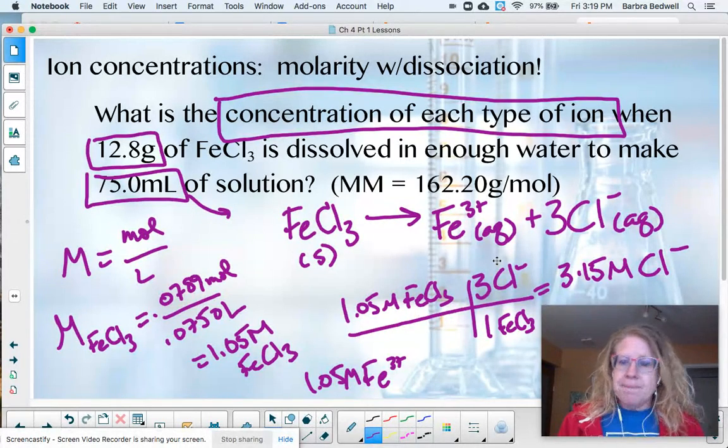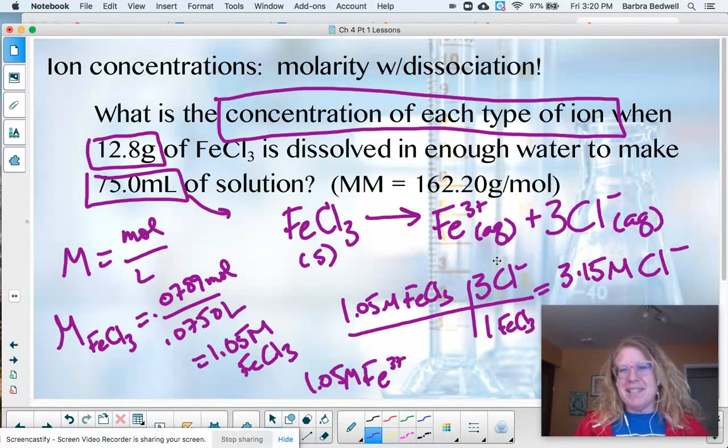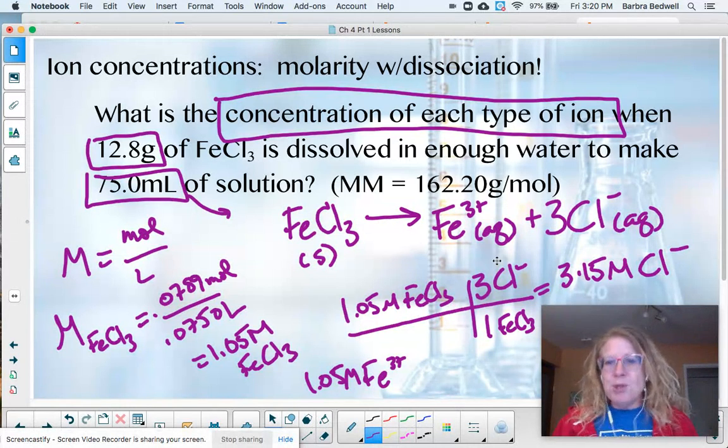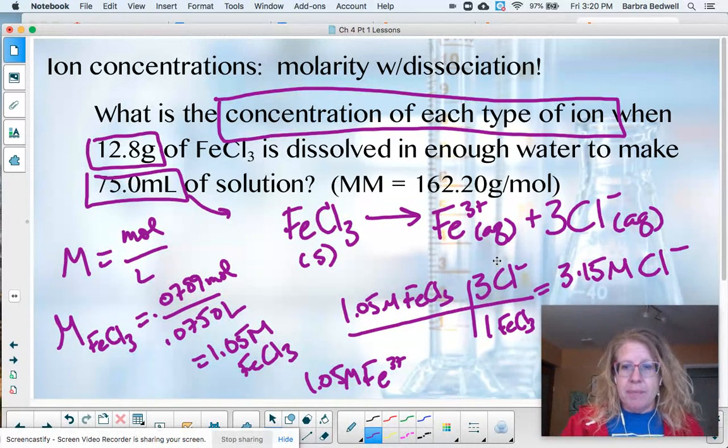By the way, a lot of times students don't know, and why would you, how concentrated is concentrated, right? We're not going to talk about saturated at this particular point, but how concentrated is concentrated? A 1 molar solution is pretty strong. If I gave you a 1 molar solution of hydrochloric acid, I would be requiring you to wear gloves, coats and goggles all the time. A 0.1 molar solution of hydrochloric acid, not so bad.